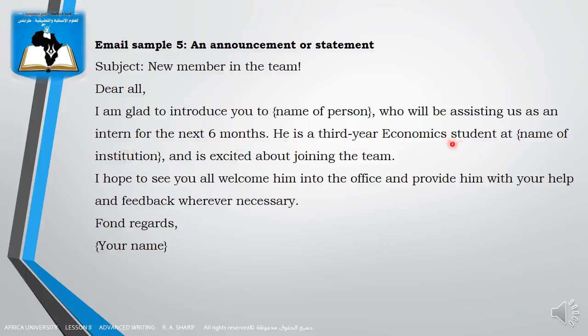He is a 3rd year economics student at name of institution لو معهد أو college، نقوله at a Tripoli college for example, and is excited about joining the team، وهو متحمس بخصوص انه هو راح ينضم للفريق.